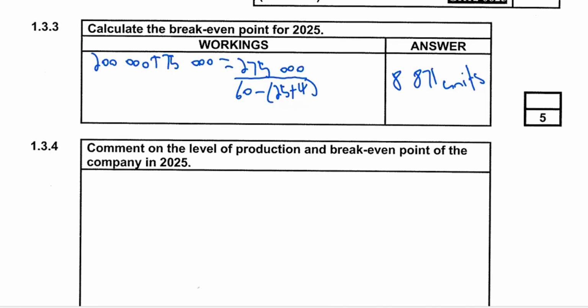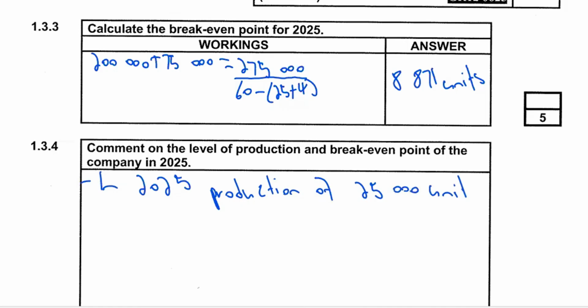So we're going to say in 2025, production of 25,000 units is more than the break-even point of 8,871 units.